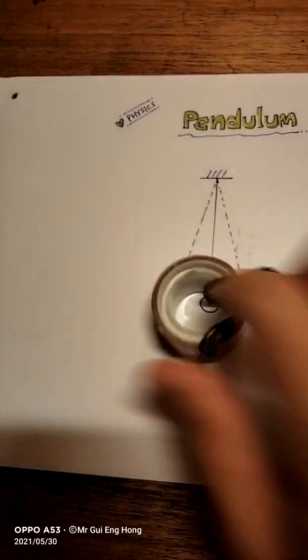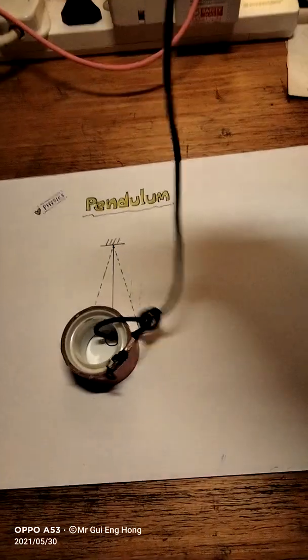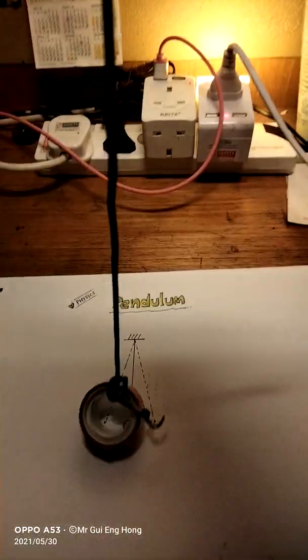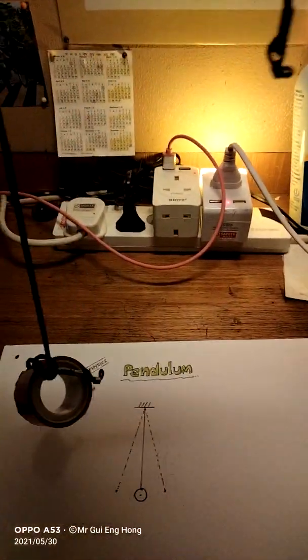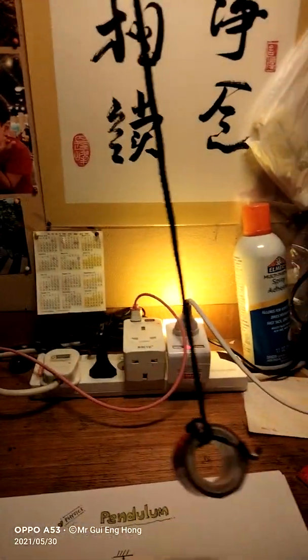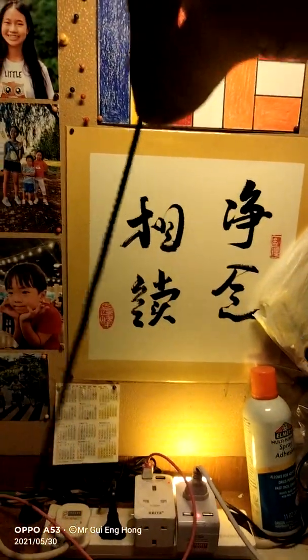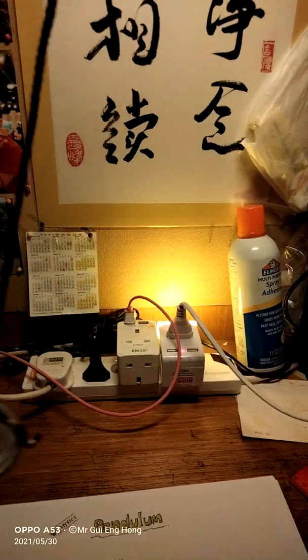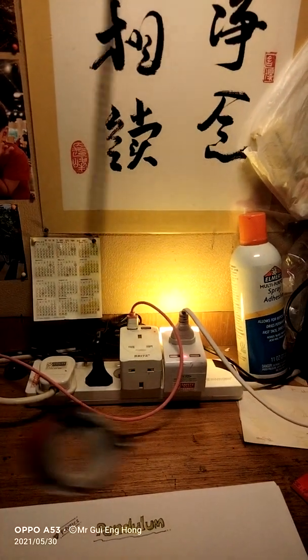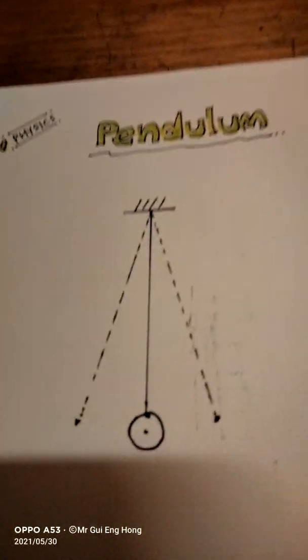So for example, let's say I have a simple pendulum here. As long as it can swing independently from a fixed support, this is called a pendulum. So that is a simple pendulum.